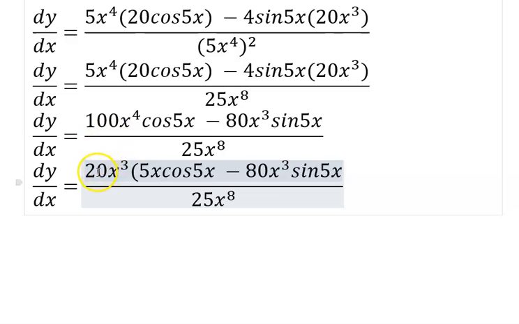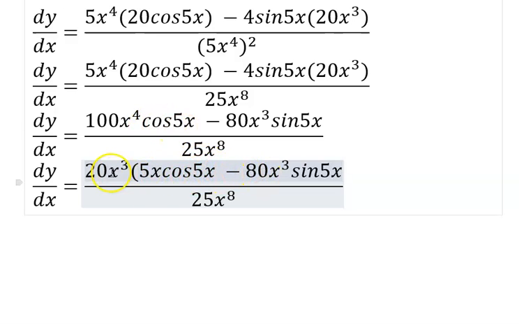So if you multiply this and this, you will still get back this. So 20x cubed is common to here, is common to here. So what will be left from this side if you remove 20? You'll be left with 5 and x, because we actually have x raised to power 4 here. If you are removing x raised to power 3, we still have 1x, so cos 5x that we have here.